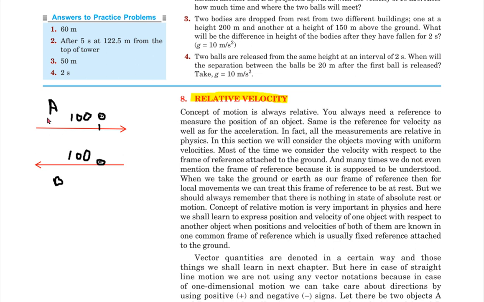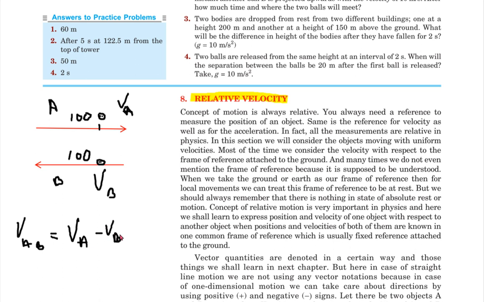If the velocity of B is Vb, then the relative velocity of A with respect to B means Va minus Vb.